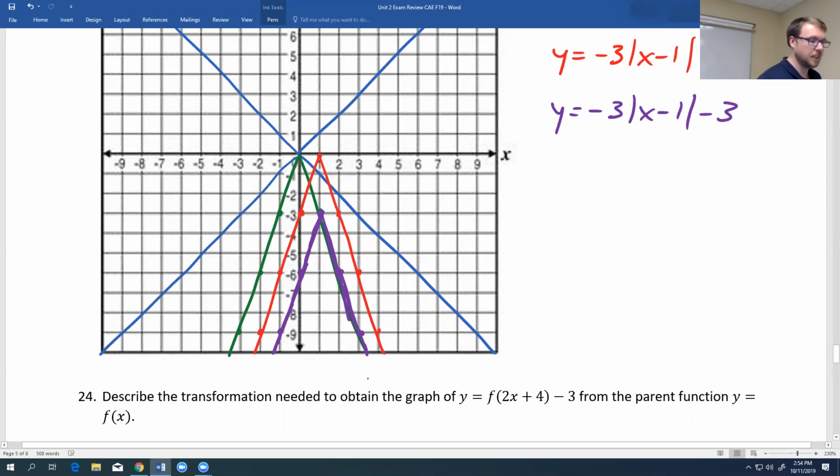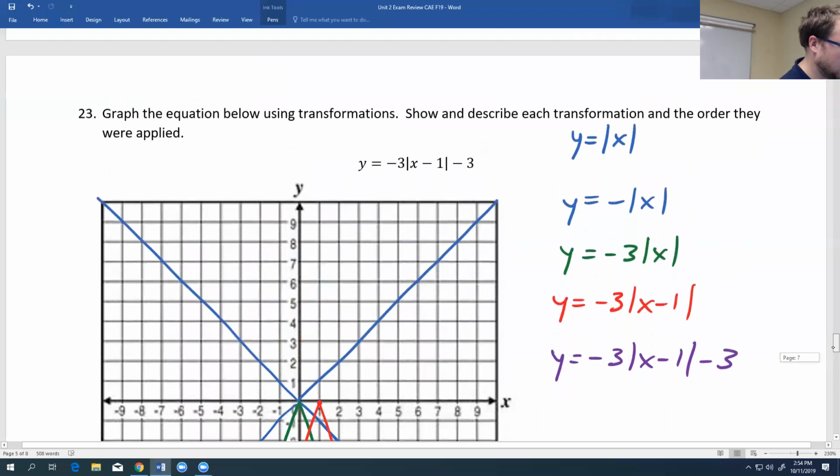All right, make sense? Is that all they wanted? Show and describe.